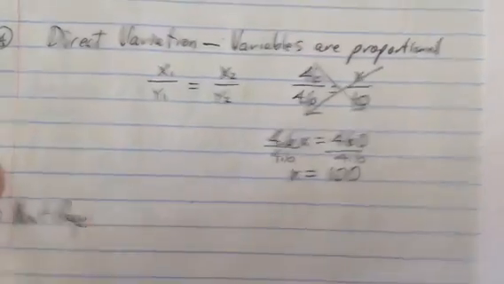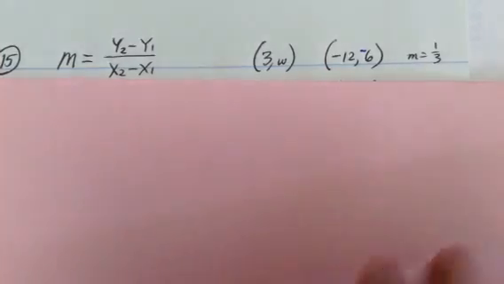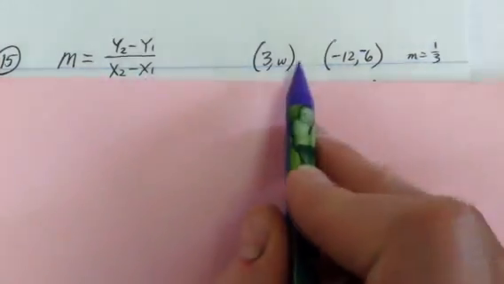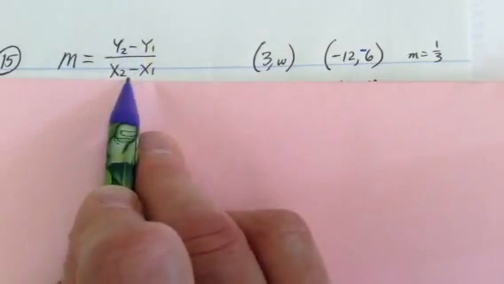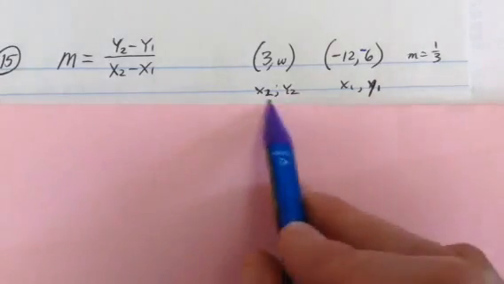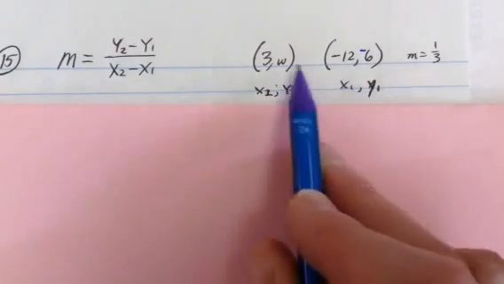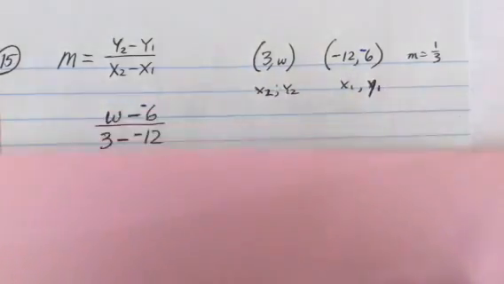Number 15. We are given this problem. We're given 2 ordered pairs and the slope, and we want to know what is this missing coordinate. Well, we have to go back to our slope formula here. We have to subtract y's and x's. I'm going to make this one the first ordered pair. It doesn't matter which one is which, but I'm going to make this one first so my variable comes first.